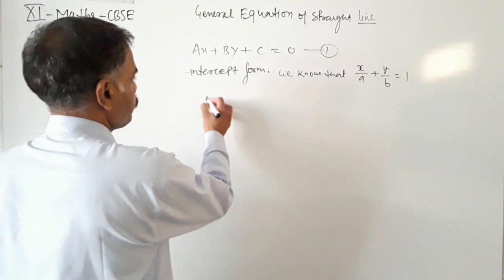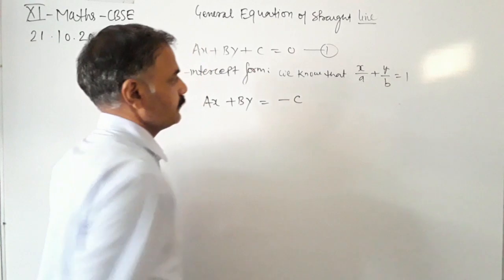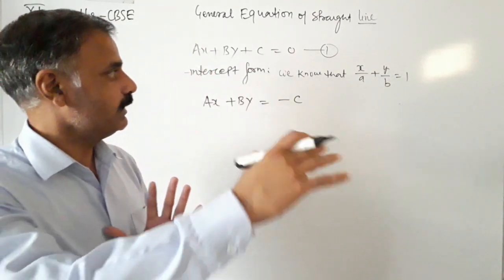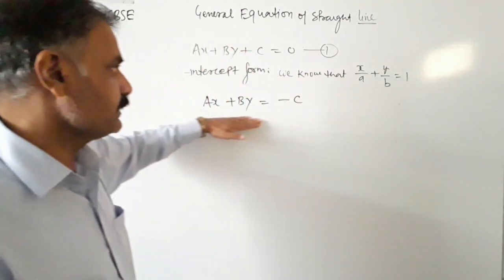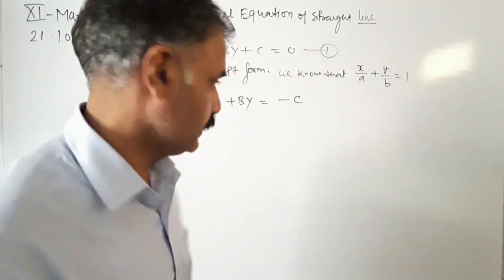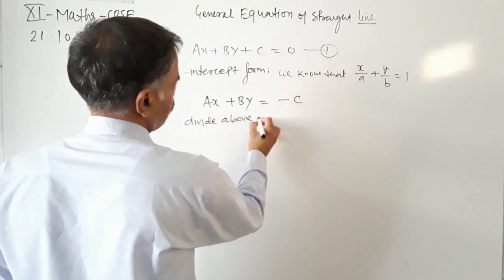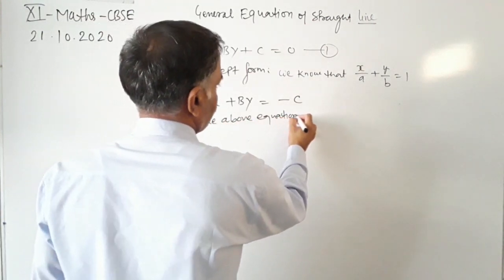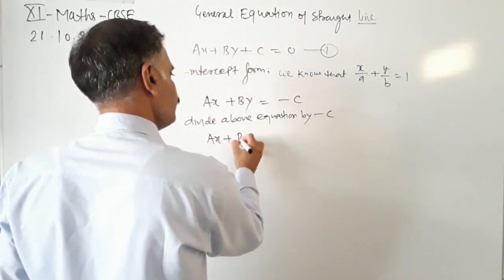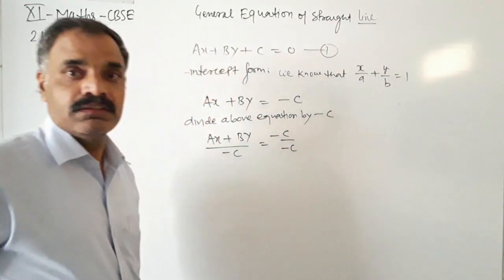So ax plus by equals minus c. Now to obtain plus 1 on the right hand side, we have to divide the whole equation by minus c. We will have ax plus by upon minus c equals minus c upon minus c.